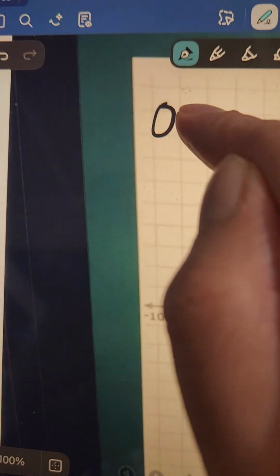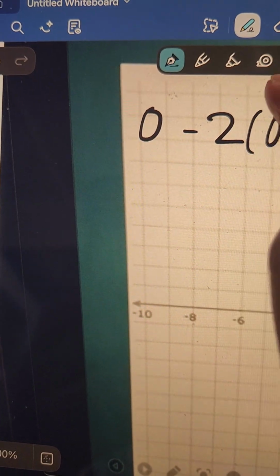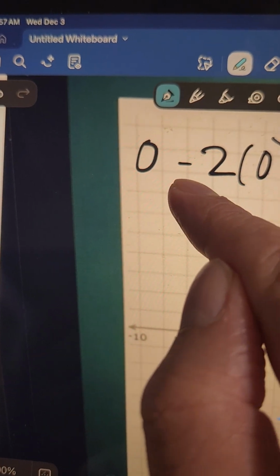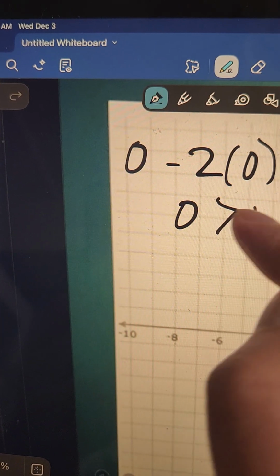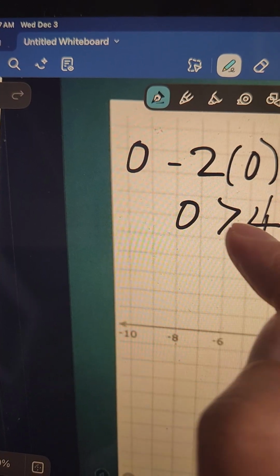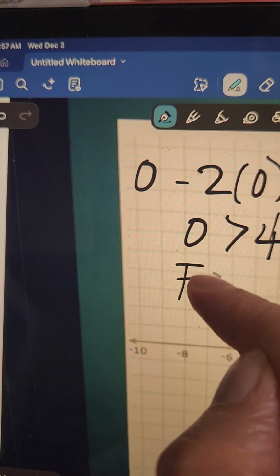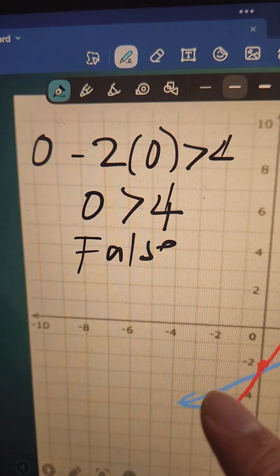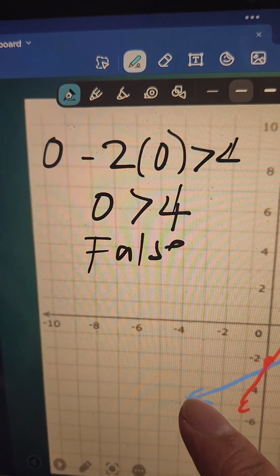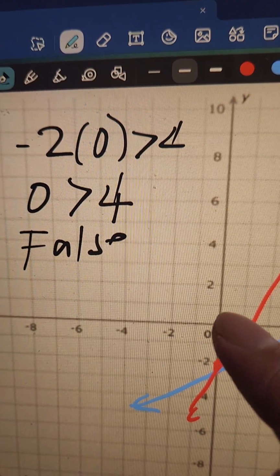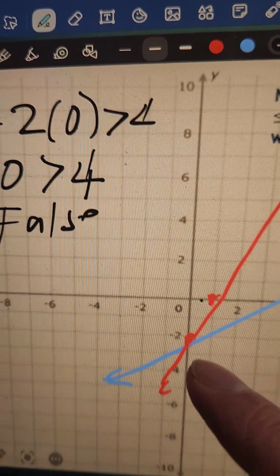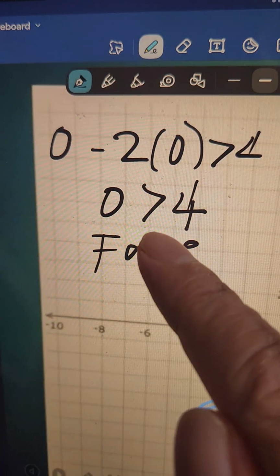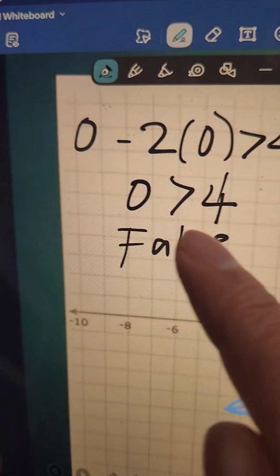So, 0 minus 2 times 0. Is it still greater than 4? Yun ang tanong. So, definitely 0 is not greater than 4, which is false. So, it's false. Hindi siya true. So, false yung 0 is greater than 4.